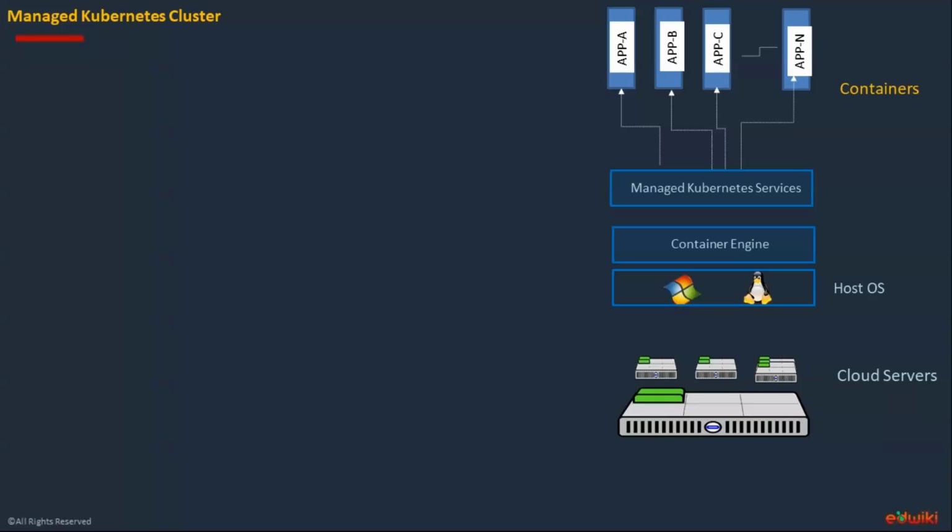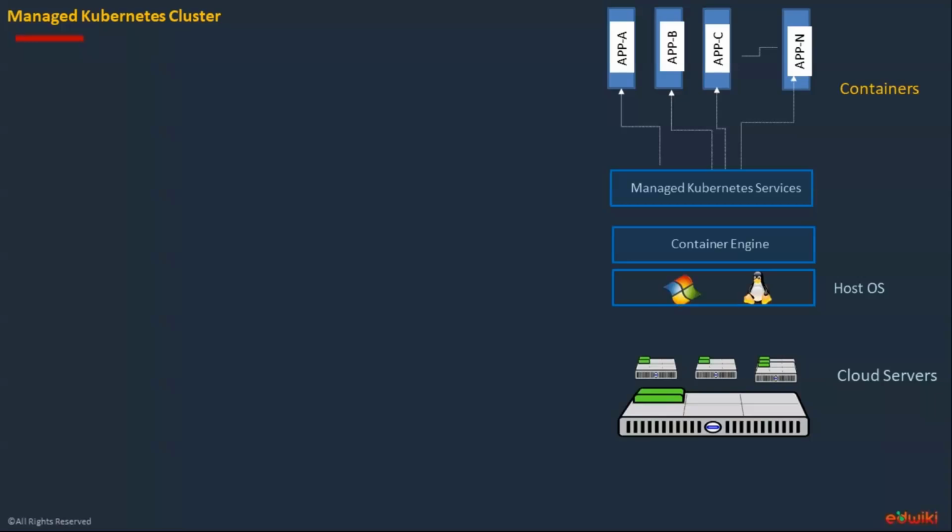Pretty much you take care of everything. You just give me the Kubernetes once it is available. I'll just use the Kubernetes, start running my application and make use of this. That is called a managed Kubernetes cluster, guys.